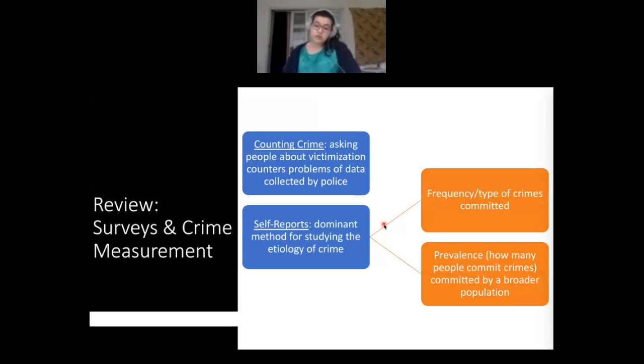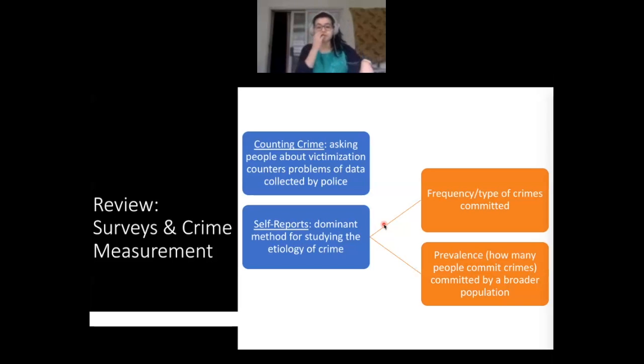So just to review, we've seen surveys before, when we were talking about the dark figure of crime and measuring crime in general, and we know that surveys were a means to help us understand that the crime data we get from police reports is often very skewed and biased because it's dependent on where police are deployed, where they see crimes occurring, and also when they get called. And we know that people calling the police varies across demographics.